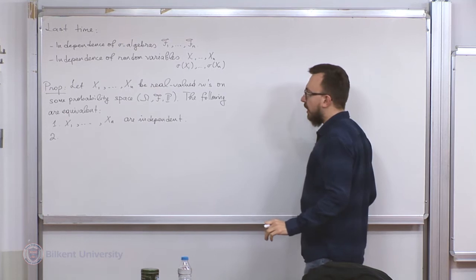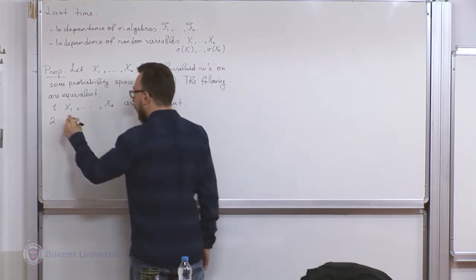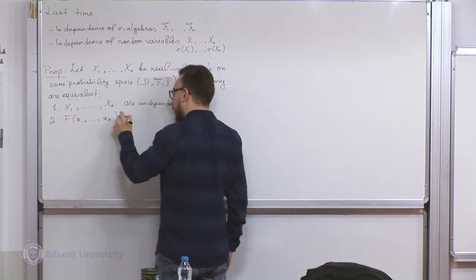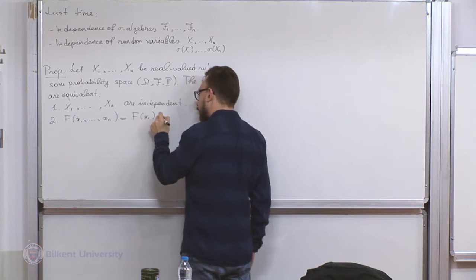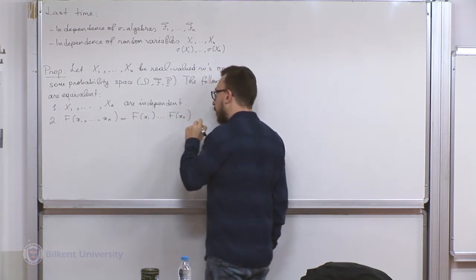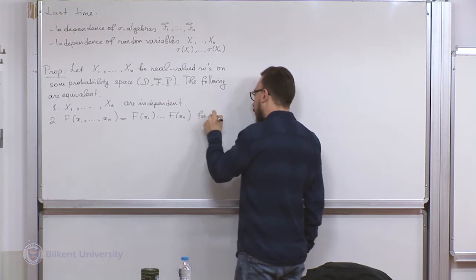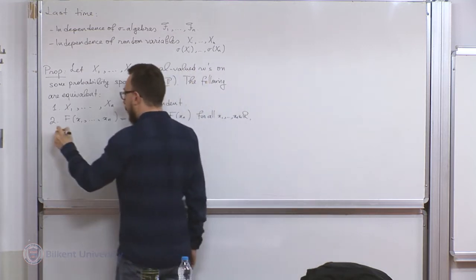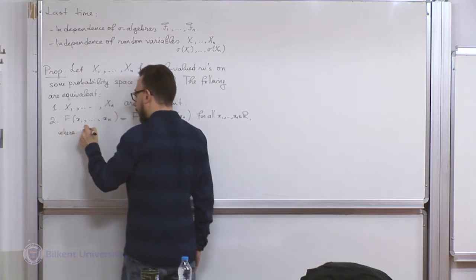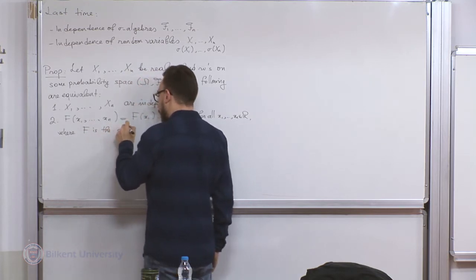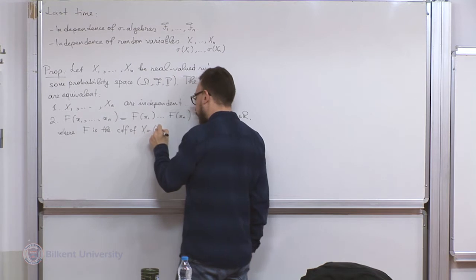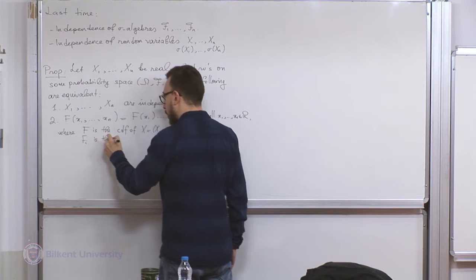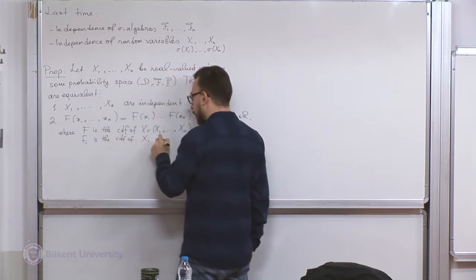The second one is that you can write down the cumulative distribution function of the vector as the product of the individual cumulative distribution functions. So for all x1 to xn, where F is the CDF of the vector X, and Fi is the CDF of Xi for each i.